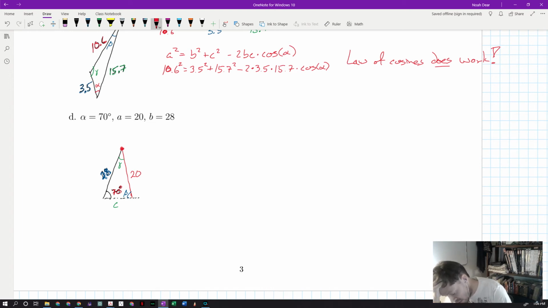And setting up the equation, we get sine of 70 degrees over 20 equals sine of beta over 28, and then sine of gamma over C. So law of sines will work.